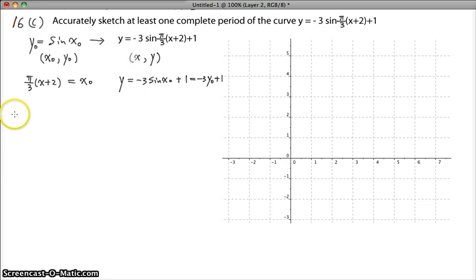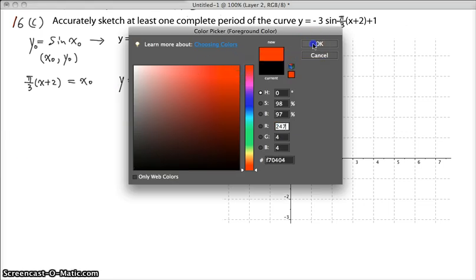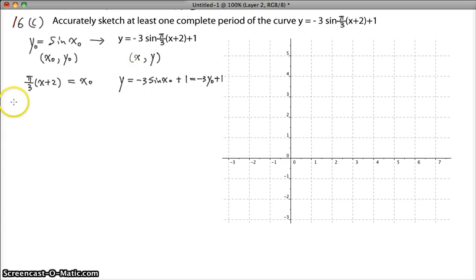So let's do it in 2 steps. If you divide by pi over 3 on both sides, then the equation is going to become x plus 2.